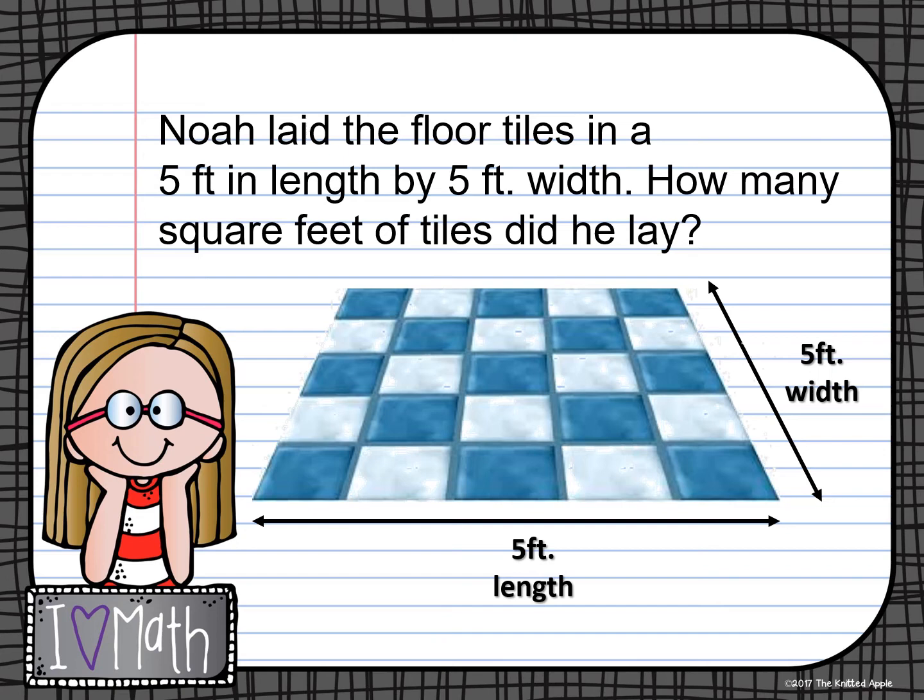So now let's take a look at an example of a story problem. Noah laid the floor tiles in a 5 feet length by a 5-foot width. So 5 foot in length and 5 foot in width. So it's 5 rows with 5 squares in each row. How many square feet of tile did he lay?